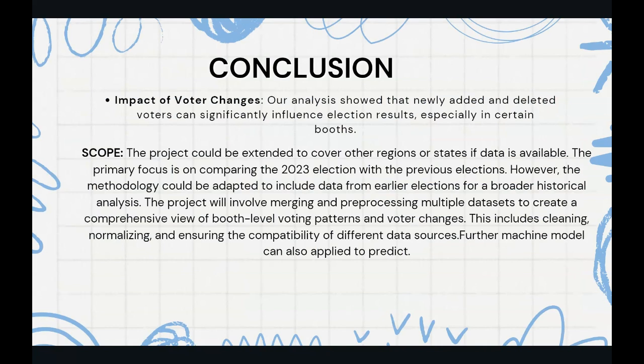We took five years. We can take more if the data is available properly. The project involved merging and pre-processing multiple datasets to create a comprehensive view at both levels, so we can get to know about voting patterns and how the votes change. This includes cleaning, normalizing, and ensuring the compatibility of different data sources.